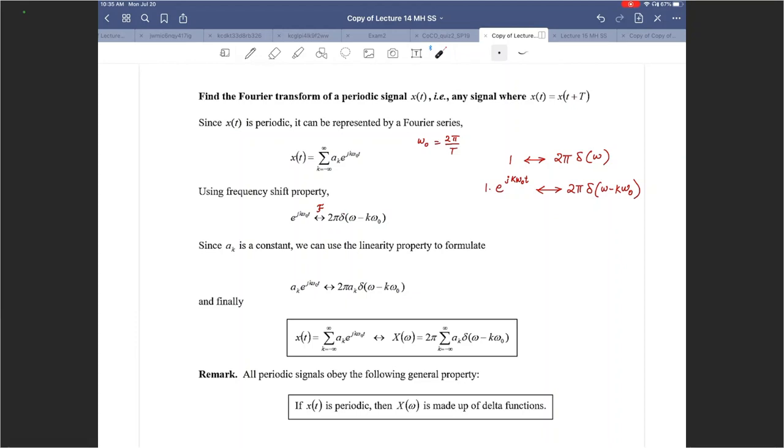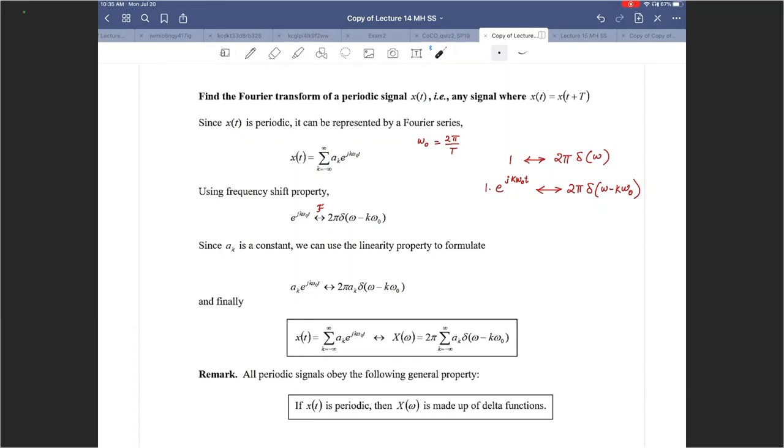Now a k, these coefficients a k, are simply constants because they only depend on k. So we can use the linearity property such that we are trying to take this time domain signal x of t to represent that as a summation. So how can we do that? Well, first I need to multiply that by a k. a k is a constant with respect to t, it's only dependent on k.